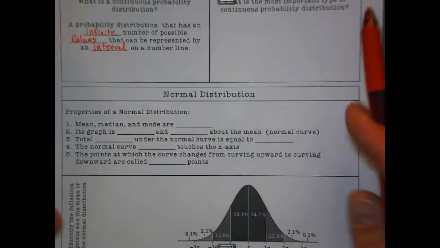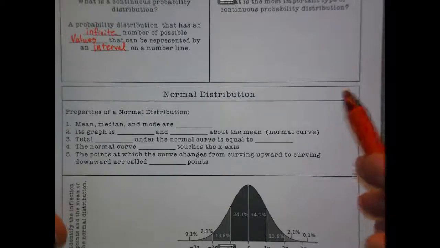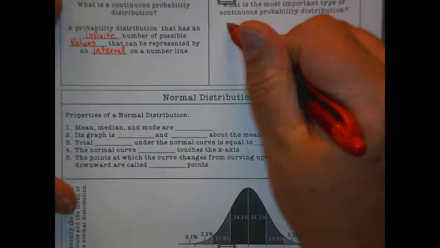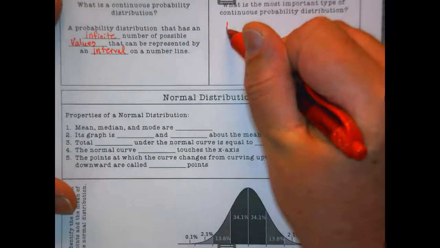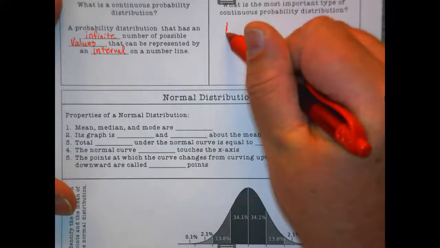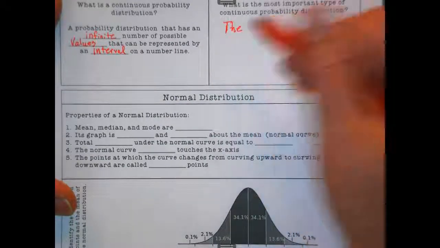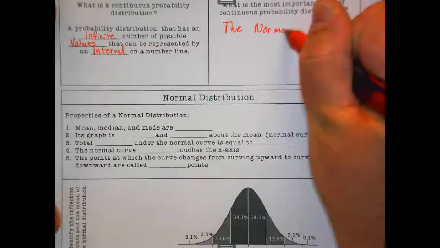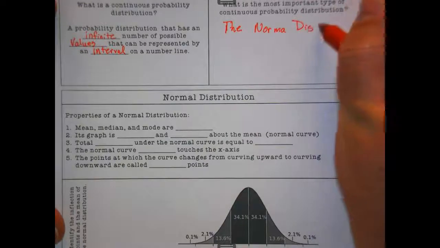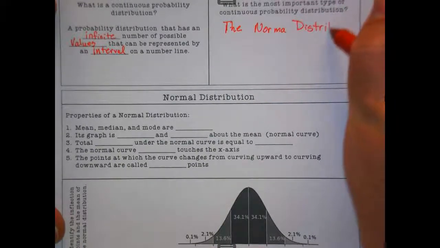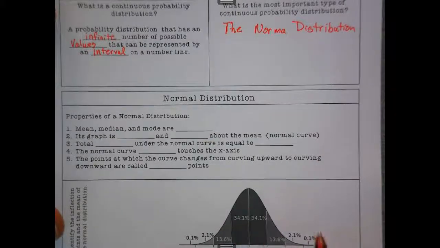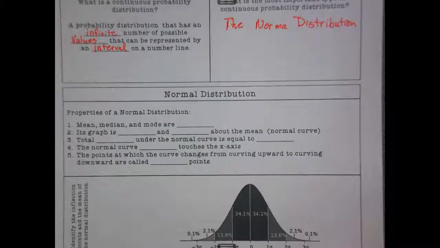And of course, I kind of gave you the hint on this one. What's the most important type of continuous probability? It's the normal distribution. This is called the normal distribution.